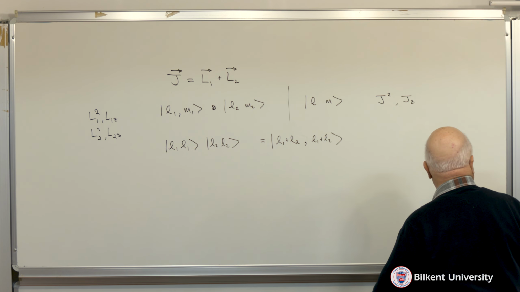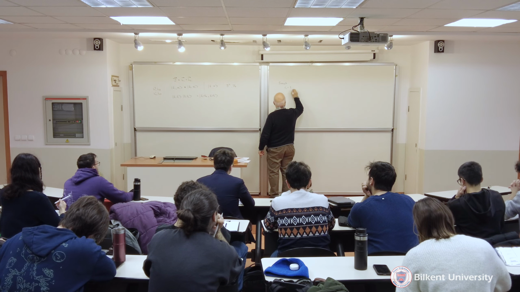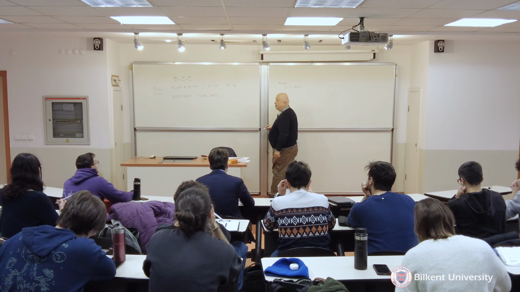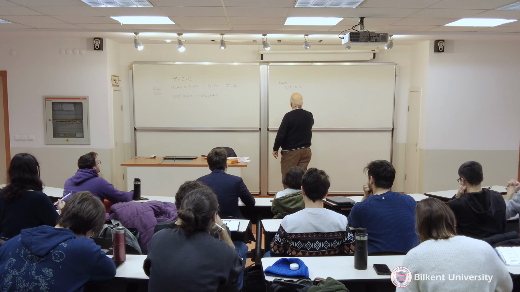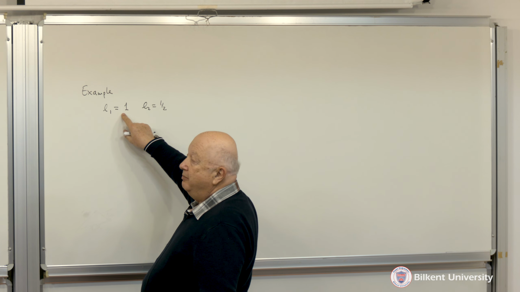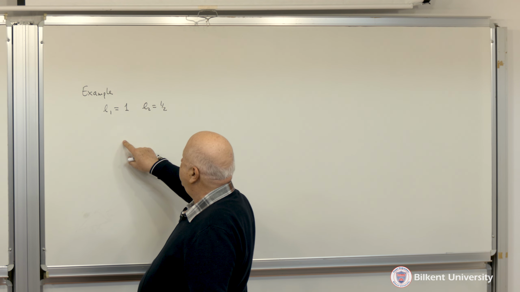So let me move on to this board and work out an example. Suppose I have an L1 equal to 1 and L2 equal to 1/2 set of states. This is going to generate for me M equal to +1, 0, -1.